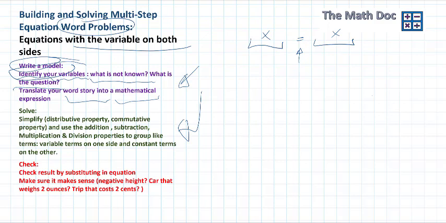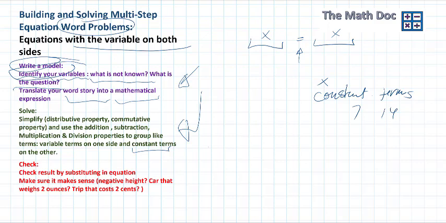We'll have the variable terms, terms that include x in them, our variable, and on the other side constant terms that include just numbers, like 7, 14, and so on. As always, our goal will be to isolate the variable so that we can see what it is equal to.